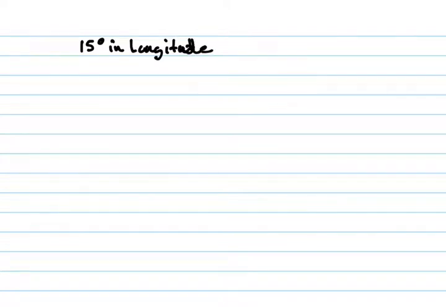So every 15 degrees in longitude equals 1 hour. So if you travel 15 degrees in longitude, you've traveled for approximately 1 hour. And that's just simply dividing the 24 by the number of degrees in a circle.